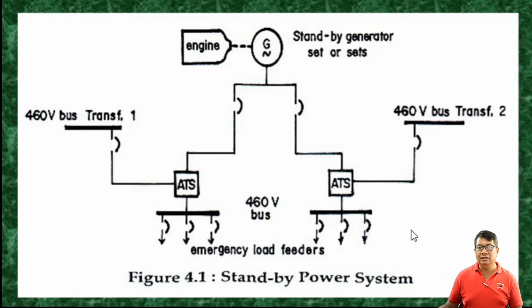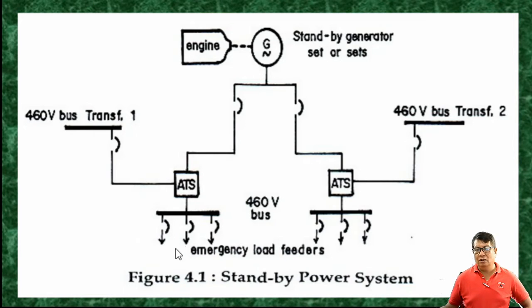Okay, so this is the typical standby power system illustration or single line diagram. Okay, mayroon tayong dalawang transformer dito po. Supply transformer or transformer 1 having 460, and we have transformer 2, we have 460 volts also, and then this will supply this load here, and the other one, this will supply the other load here, no?